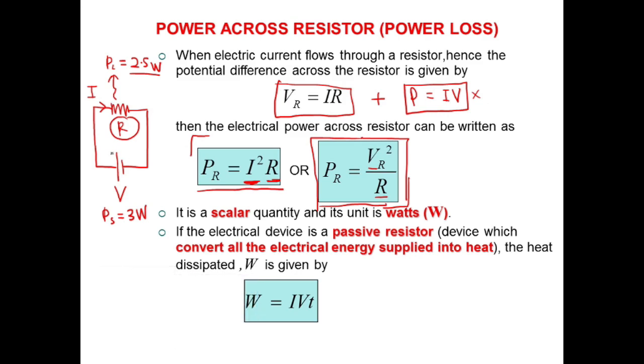The voltage supply may be 3 volts, but the voltage across R is measured directly across the resistor.